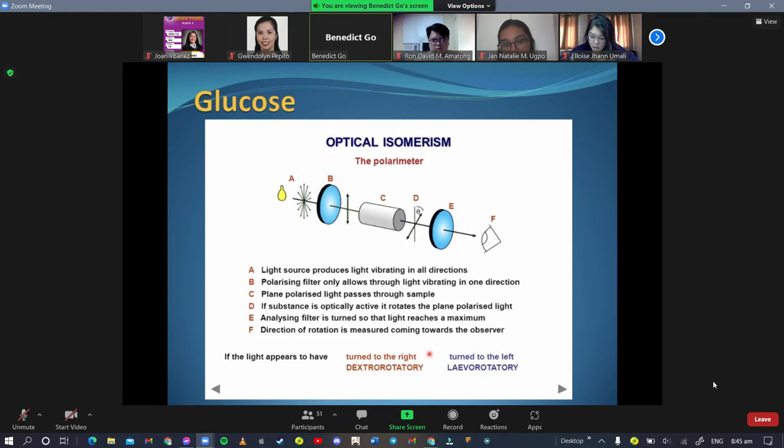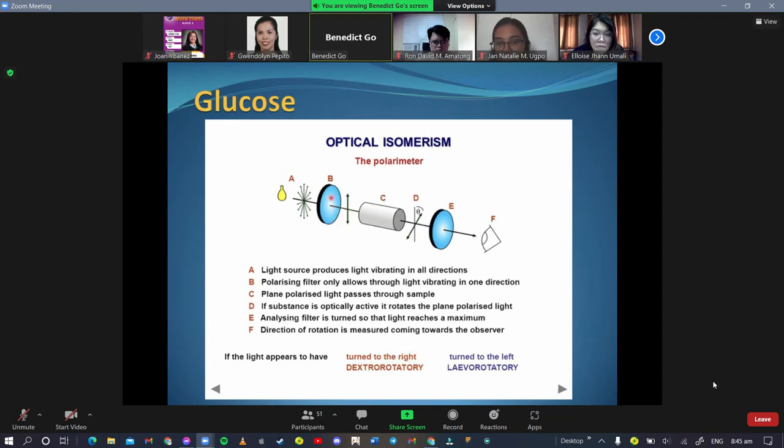And you also have, I'm sorry, optical isomerism. It's just schematic here. It's just about one paragraph in Harper's, but this is how it is illustrated. You have a light, a polarizing lens, and a solution containing glucose.